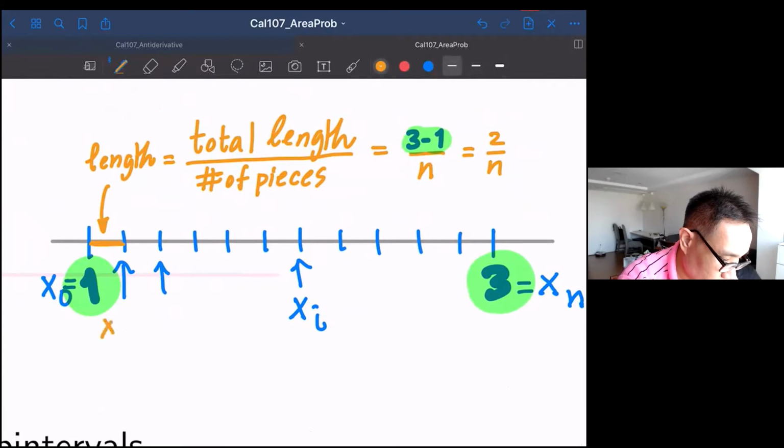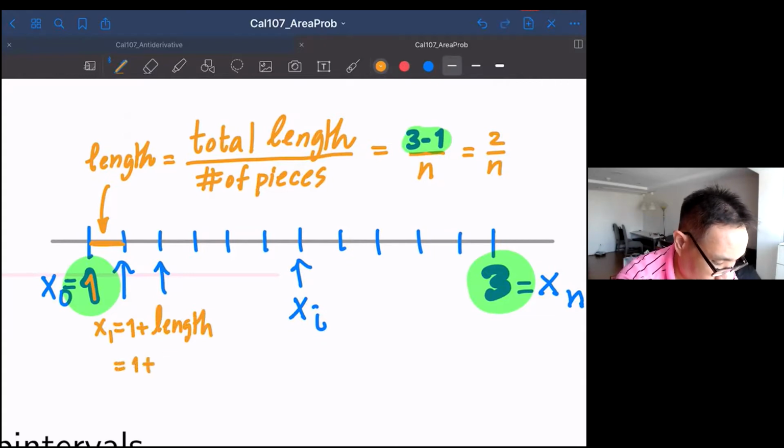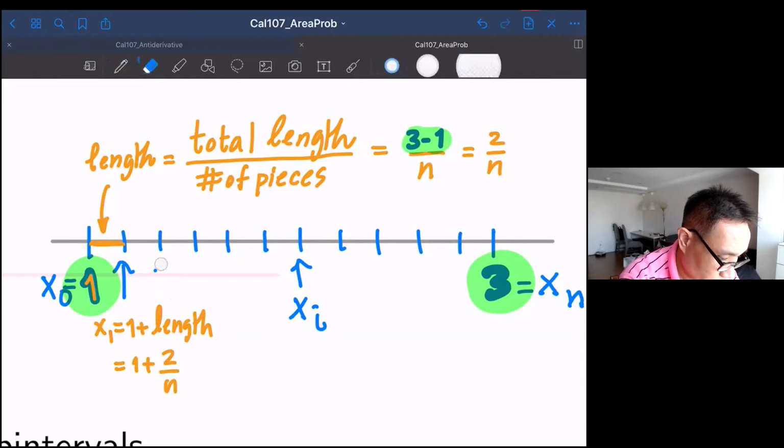So you have x1 will be just 1, which is this number. So it's going to be 1 plus the length, right? So it's going to be 1 plus the length that you have. So it's going to be 1 plus 2 over n. Okay, that's my x1. How about my x2?